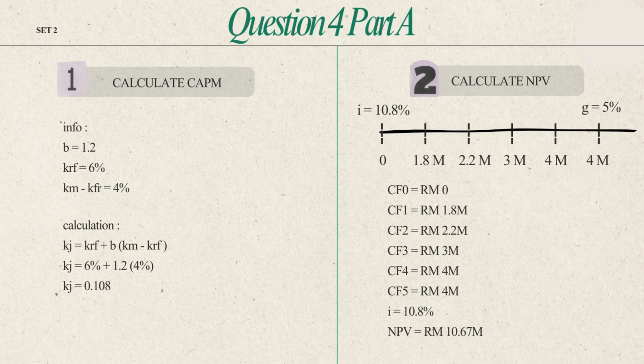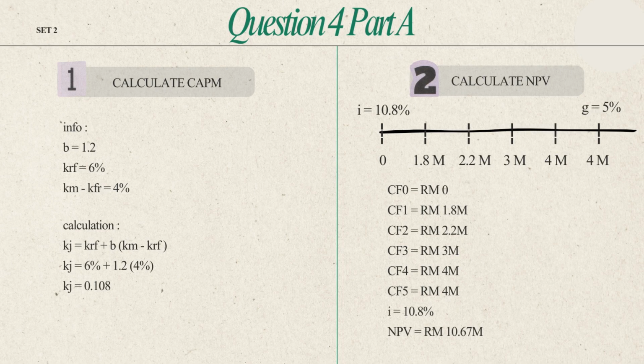So for the formula, required return on asset equals risk-free return plus beta times the market return minus the risk-free return, also known as the market risk premium. So we input all the info, which equals 6% plus 1.2 times 4%. So the answer will be 0.108.